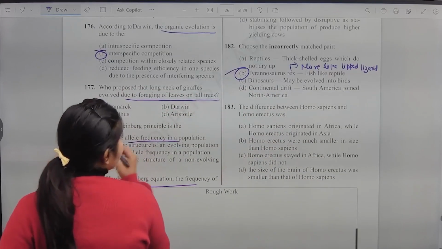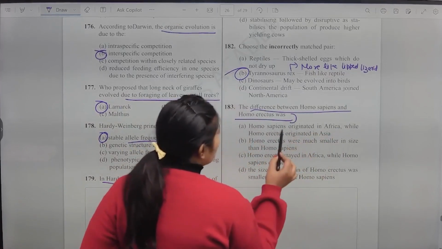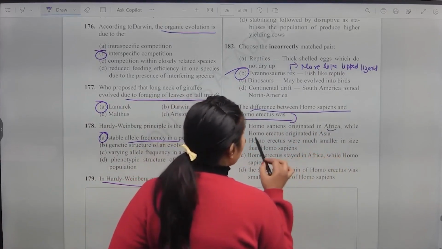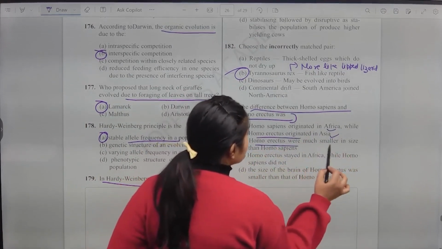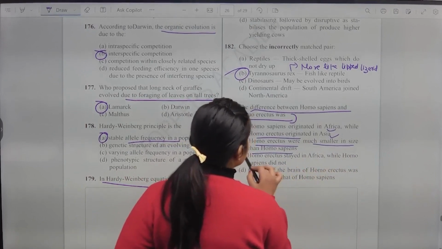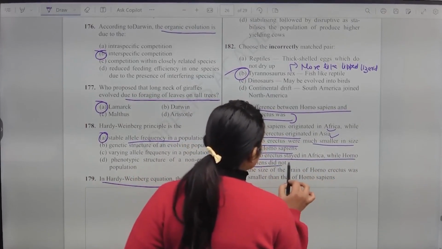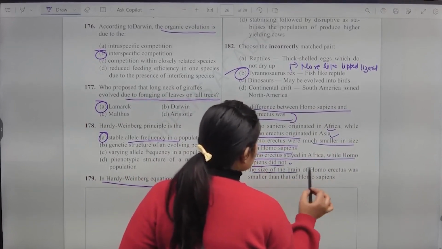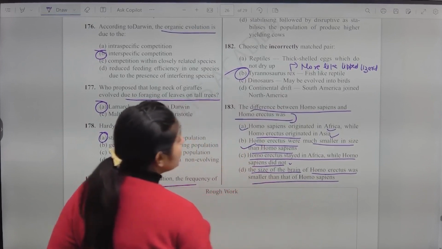Next is the difference between Homo sapiens and Homo erectus was. Homo sapiens originated in Africa while Homo erectus originated in Asia. Correct. Homo erectus were much smaller in size than Homo sapiens. Okay. Homo erectus stayed in Africa while Homo sapiens did not. Okay. The size of the brain of Homo erectus was smaller than Homo sapiens.